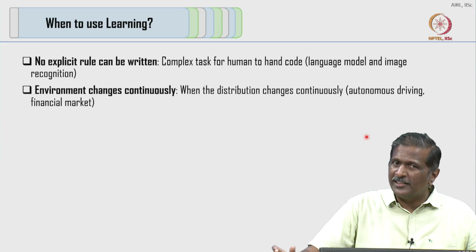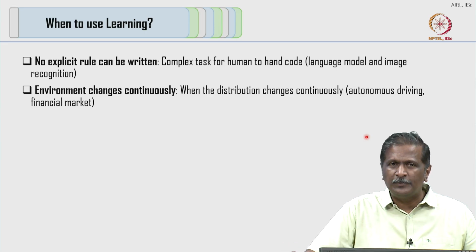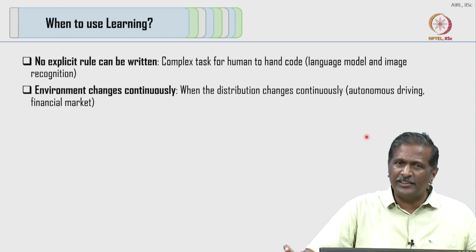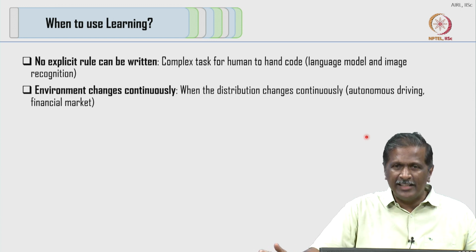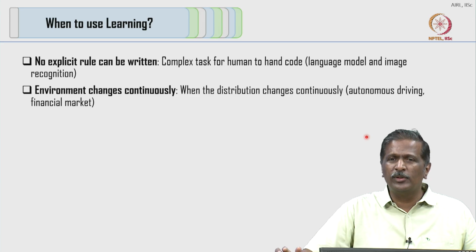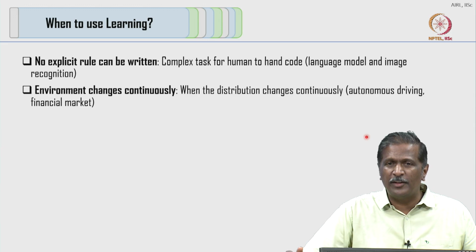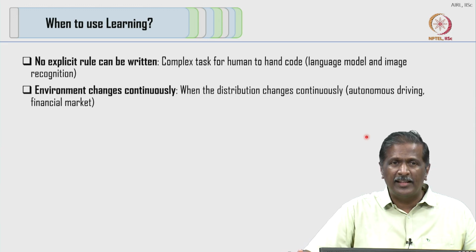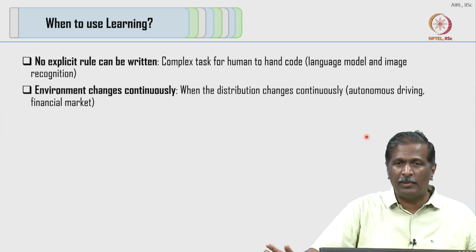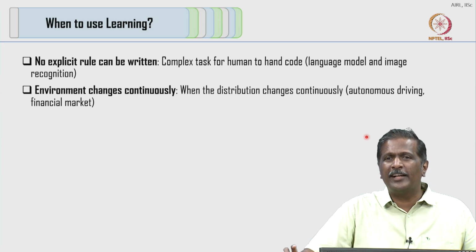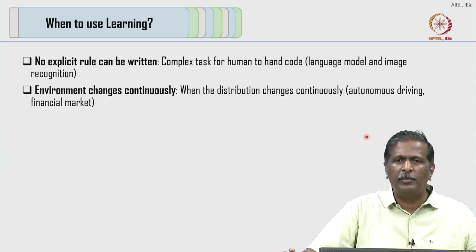But the environment is changing, even with an explicit rule, the environment is not constant. It is changing with respect to time, changing with respect to domain. And in every domain, defining the rule is very difficult, and it's very difficult to identify in what domain it is present. In such cases, it makes more sense. For example, if you want to predict the financial market, or if you are looking at autonomous driving, it's the most difficult problem.